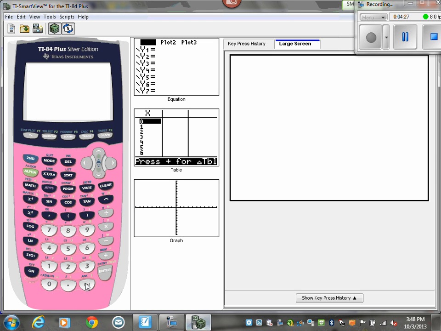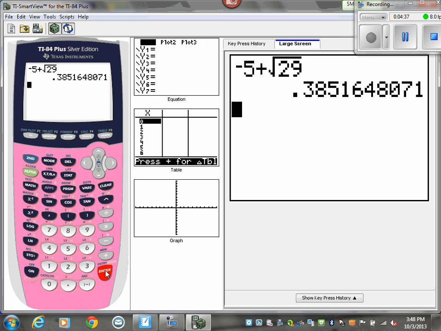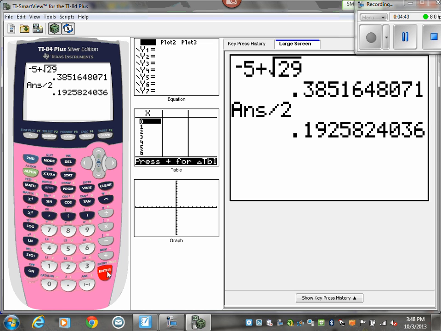So I have negative 5 plus square root of 29. I have to compute that numerator first and then divide that by 2. So I get one of my answers is about 0.19.